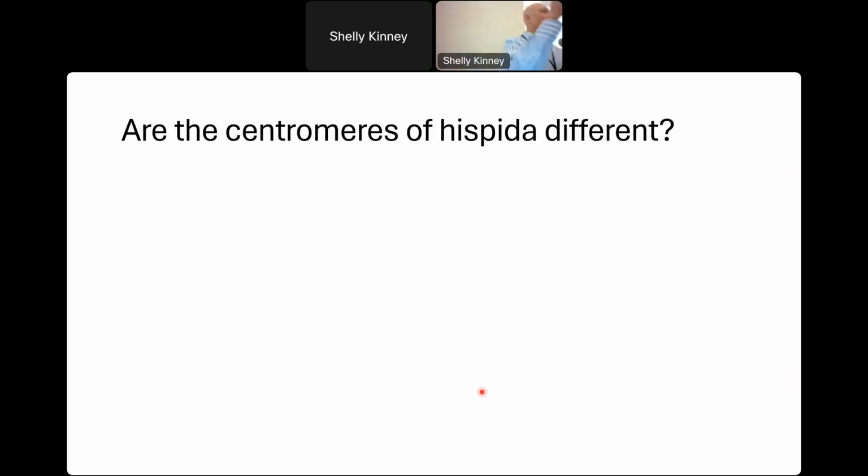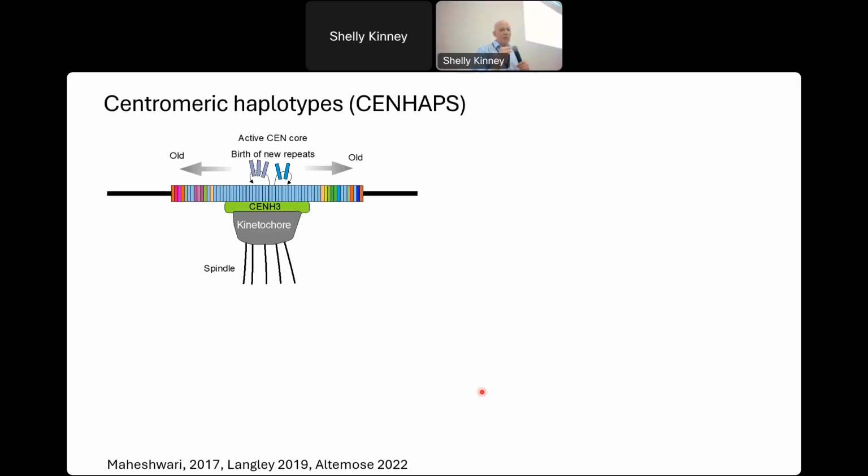Also, one expectation of the Malik-Henikoff hypothesis is that a repeat that binds SNH3 more efficiently has the potential of spreading through the genome rapidly and uniformly. Has the potential, I make the point. So what do we know about centromeres? Typically, centromeres have repeats, although that's not necessarily true for every centromere.